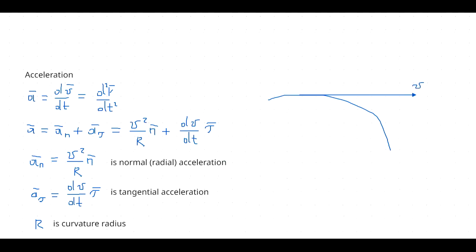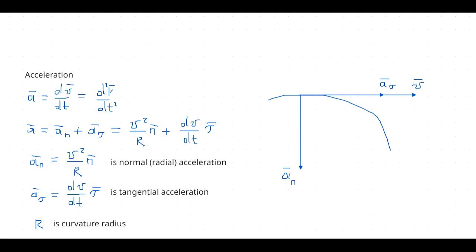We also have vector of tangential acceleration, and normal acceleration always has this direction. Normal acceleration of material point has always this direction. And what are n and tau?